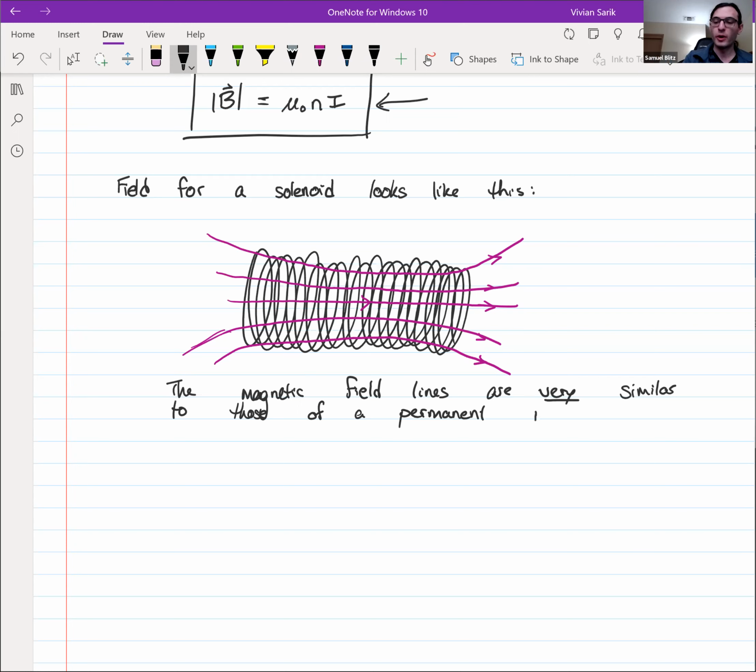And so what we can do with modern technology is we can use this idea of large solenoids with a lot of current running through them to effectively create a permanent magnet that you can turn on and off by just cutting the current.